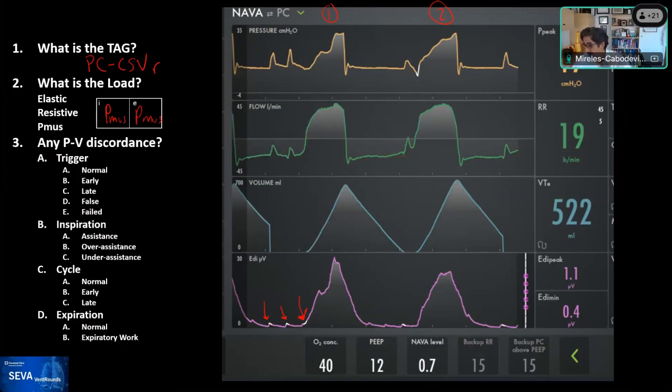So these ones that I have put an arrow on, including this one over here. I'm going to go all the way on the top, and instead of putting 1, 2, 3, I'm going to put breath A and B, because you can see that there was a change in flow, and the flow doesn't reach baseline.